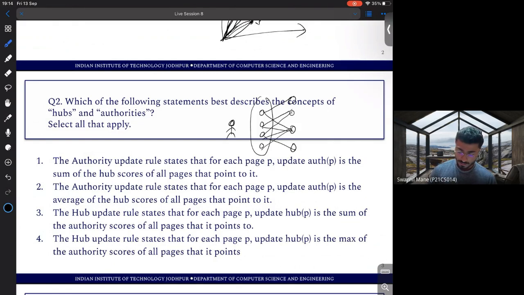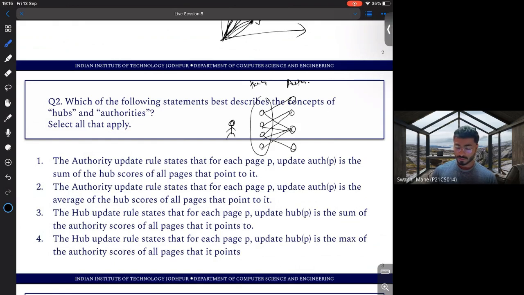So here the recommenders act as hubs, which have some information, right? And here the places act as authorities. Okay, so this is the nomenclature we are considering, as we have taken the recommenders and places as an example to understand this concept.